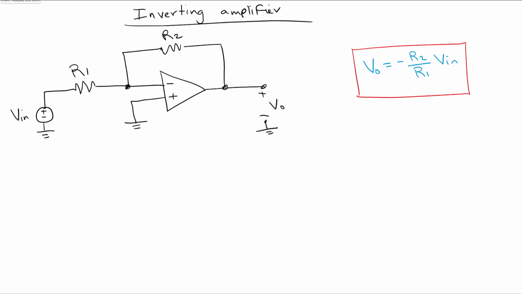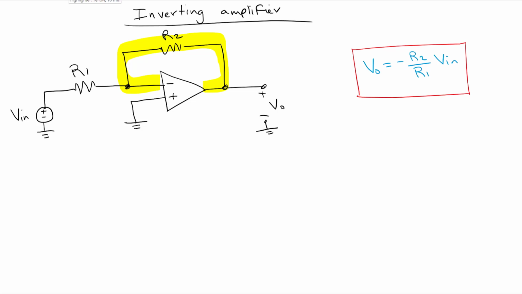So when we look at the circuit, one of the things that I notice, of course, is that it has negative feedback. So that means that the output signal is connected to the negative input of the op-amp. It's through some electrical network, which is basically R2.